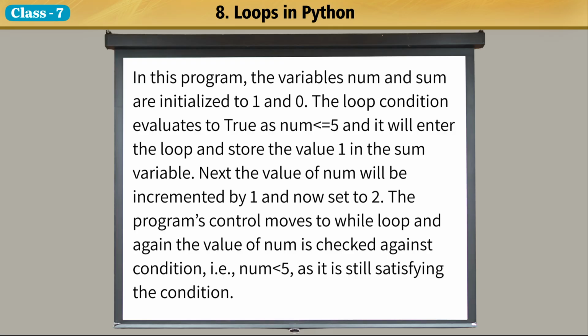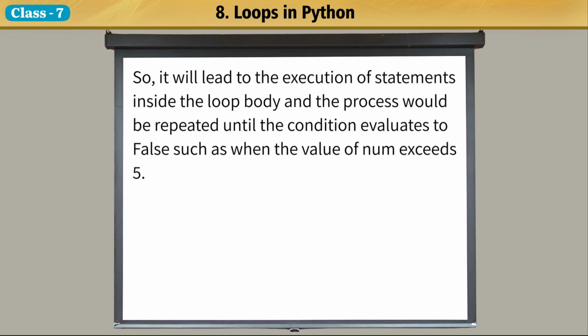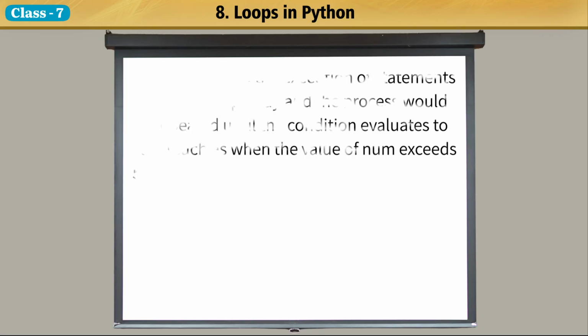Next, the value of num will be incremented by 1 and is now set to 2. The program's control moves to the while loop and again the value of num is checked against the condition, i.e. num <= 5. As it is still satisfying the condition, it will lead to the execution of statements inside the loop body, and the process would be repeated until the condition evaluates to false, such as when the value of num exceeds 5.